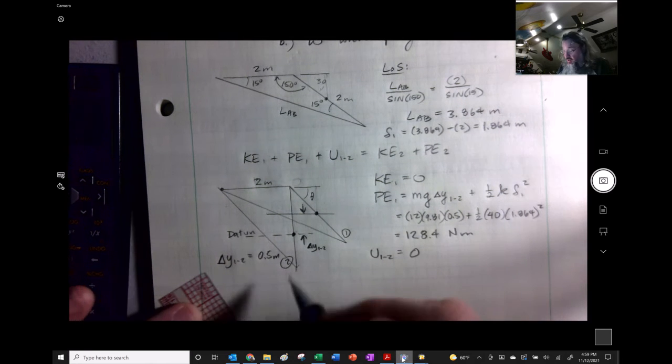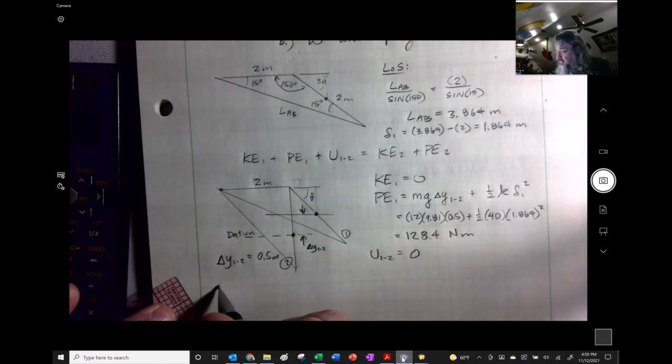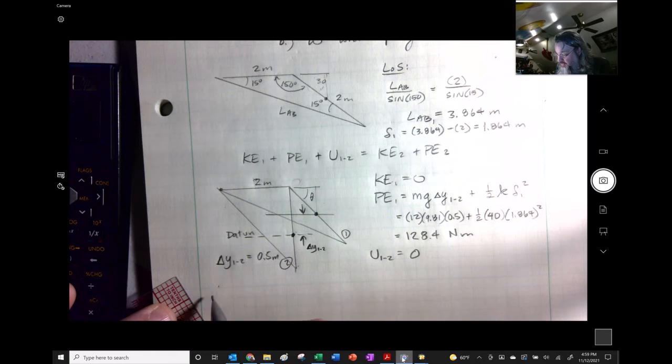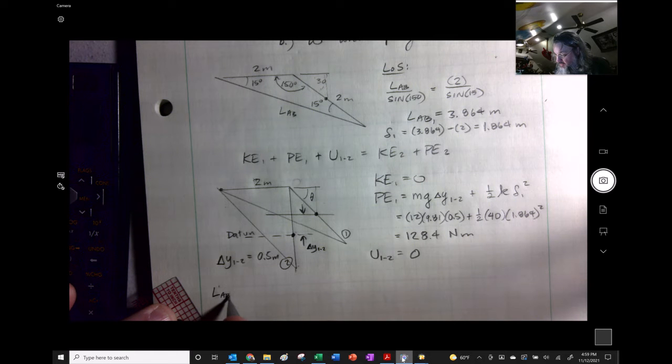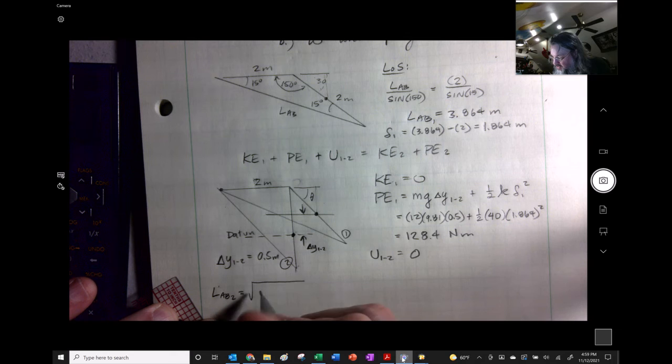So looking for LAB2, it's really just the square root of 2 squared plus 2 squared.